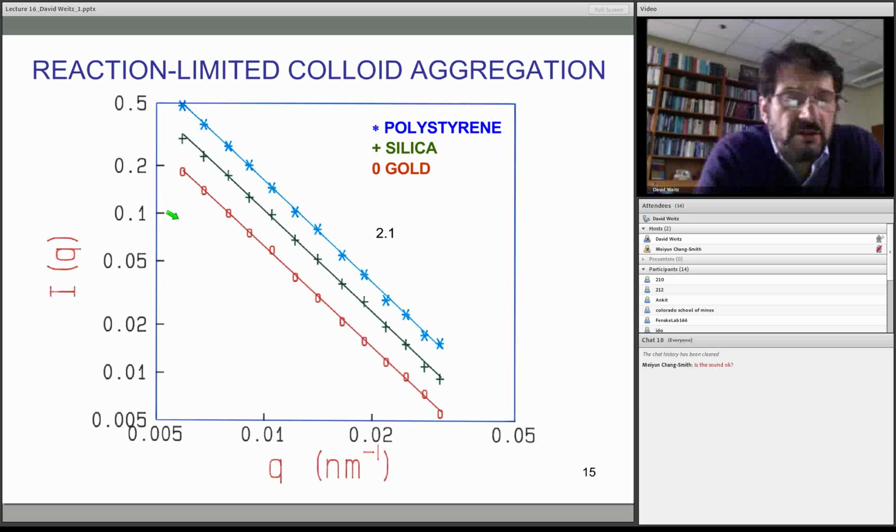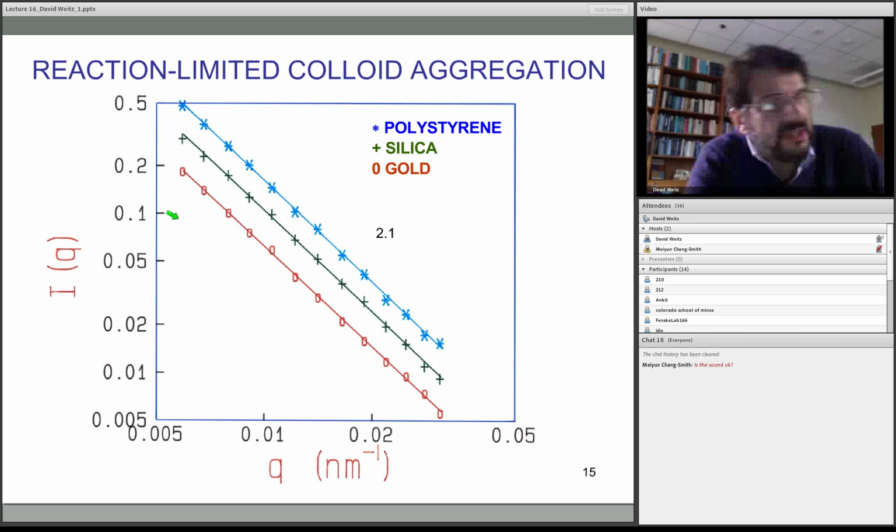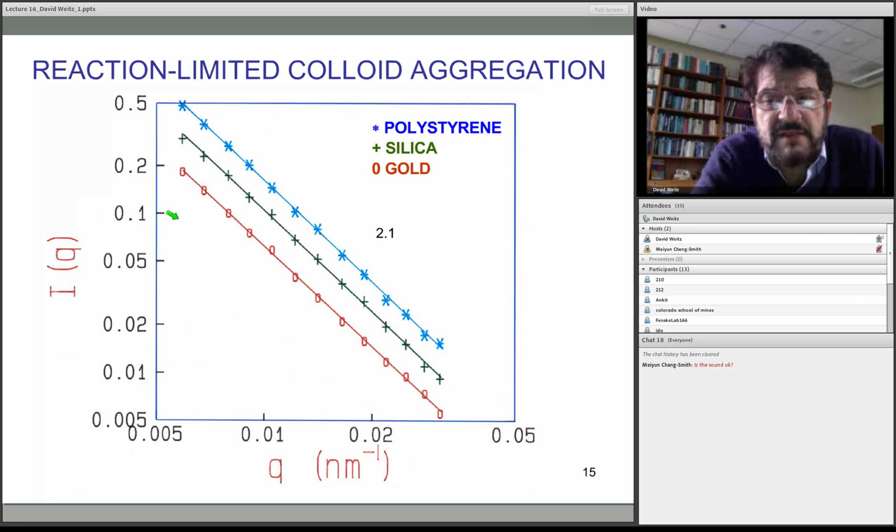So let me turn now not to the scattering of these structures, but to the properties of the structures, and in particular, as I discussed before, the importance of colloidal suspensions is the rheological properties. One of the really important features of the aggregates is that, as I showed, the density of the colloidal aggregates gets smaller and smaller as they get larger.